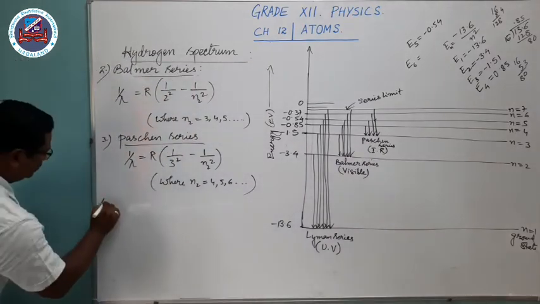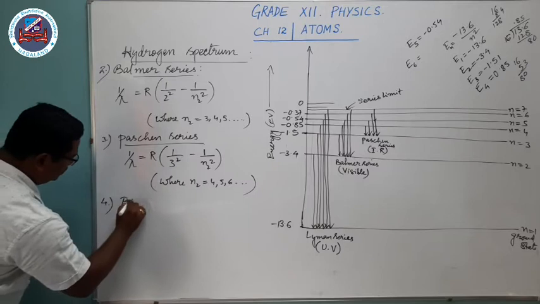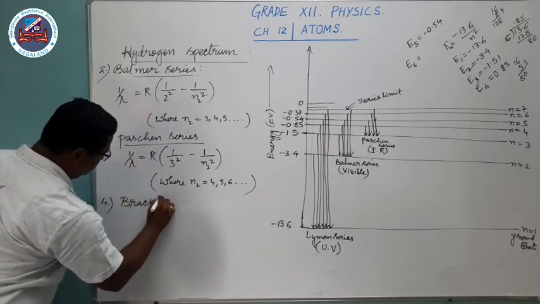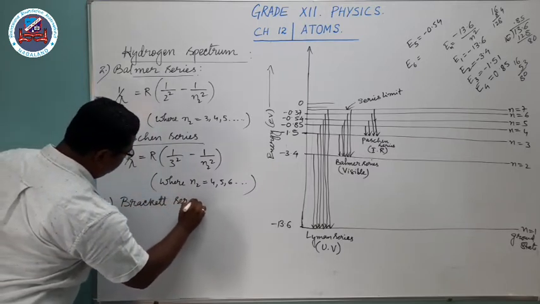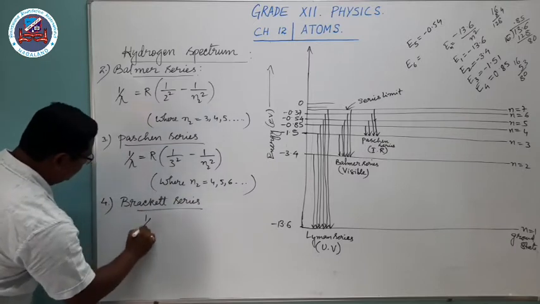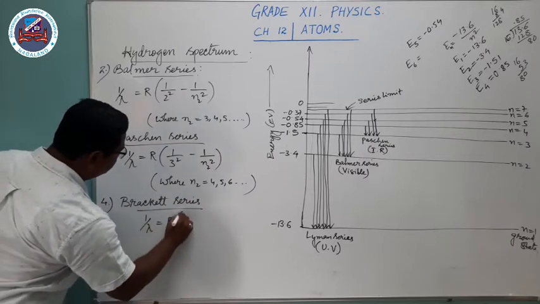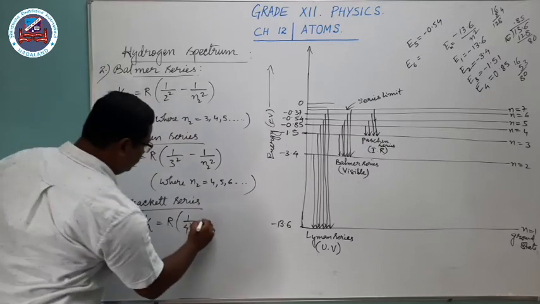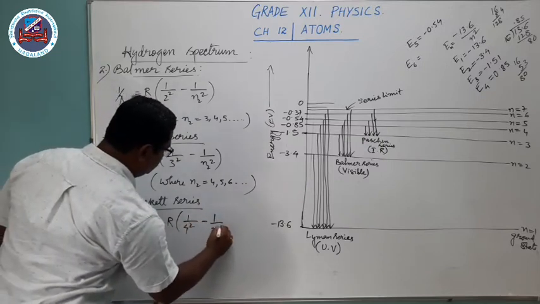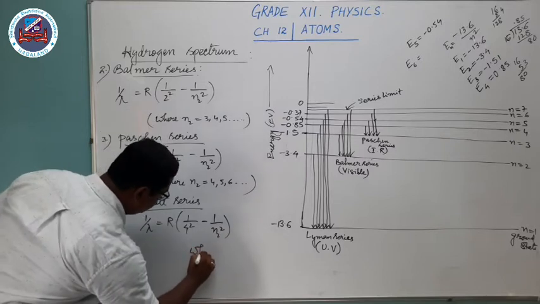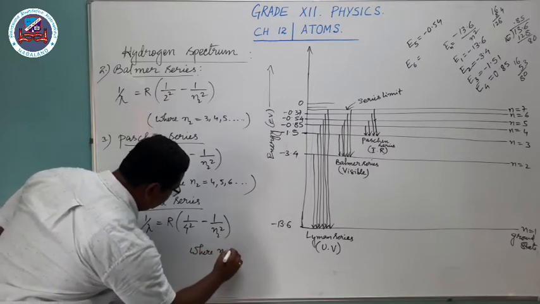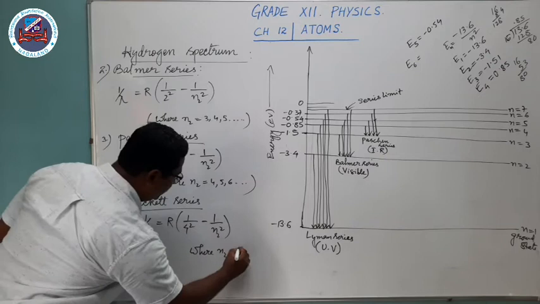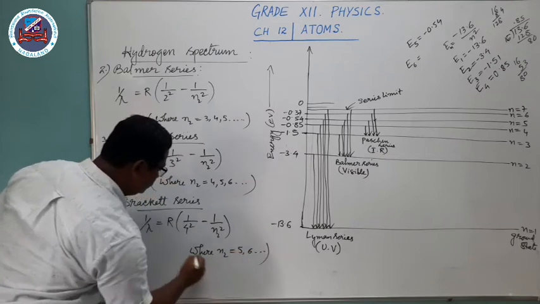Then the fourth one is your Brackett series. The wave number 1 by lambda is equal to R times 1 by 4 square, as it should jump to n equal to 4, minus 1 by n2 square. Here n2 will take values 5, 6 and so on.